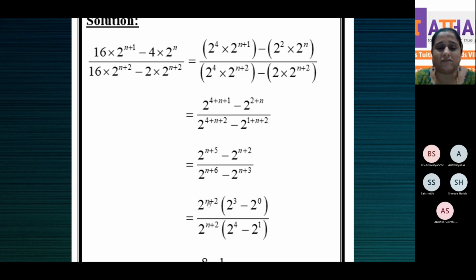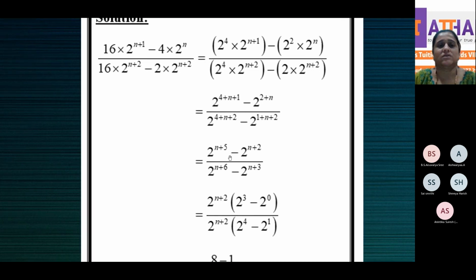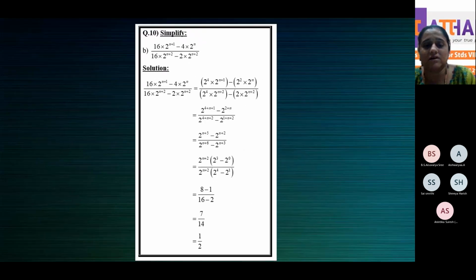Now, 2 to the power n plus 2 into what will give you 2 to the power n plus 5? So n plus 2 plus 3 will give you n plus 5, right? Yes, ma'am. So here my questions were like this.